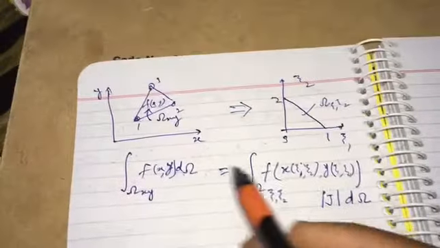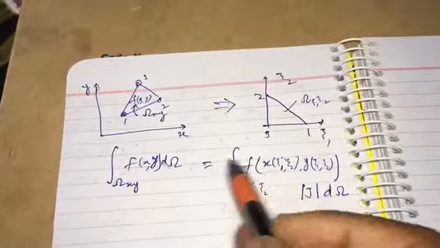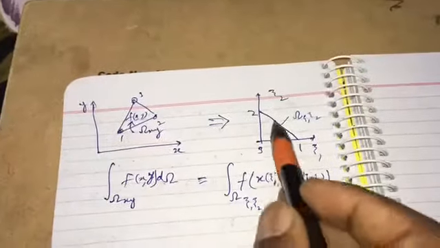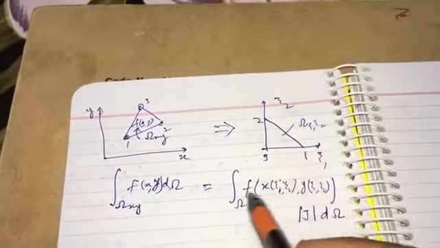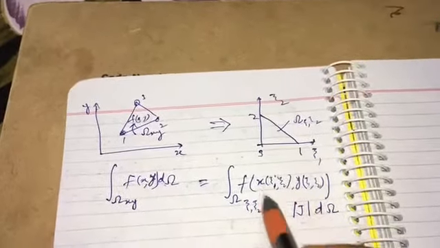So this is how the conversion will be. However, you have one extra term here, the determinant of the Jacobian, and then it will work.